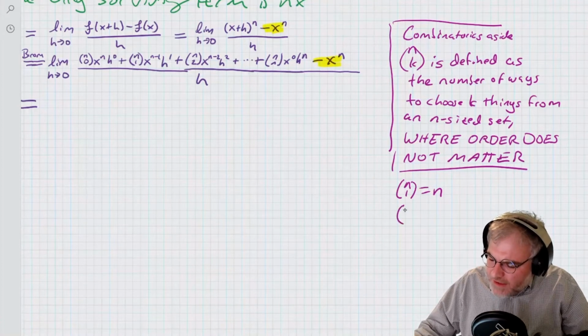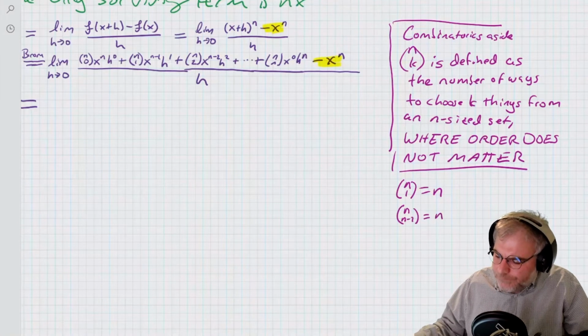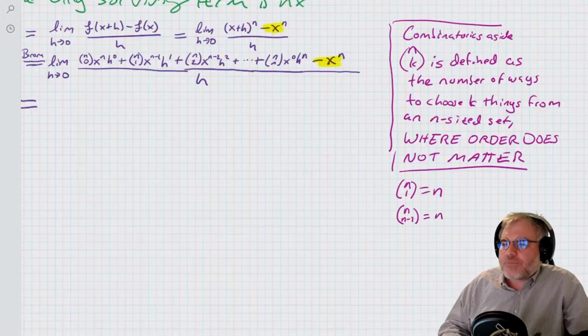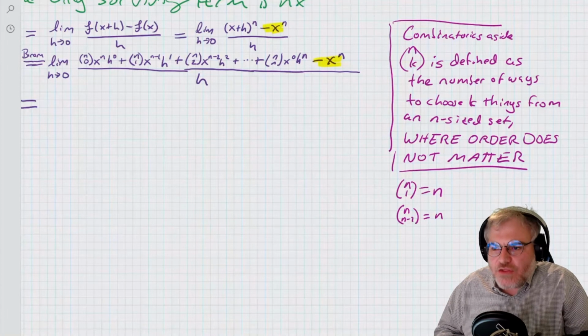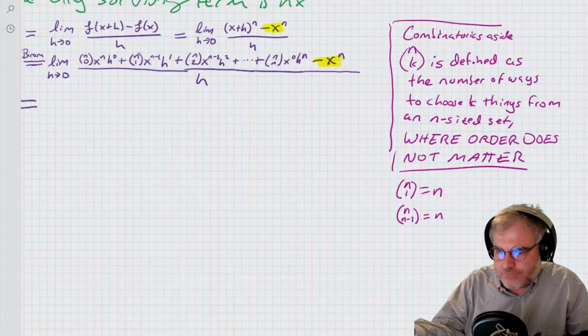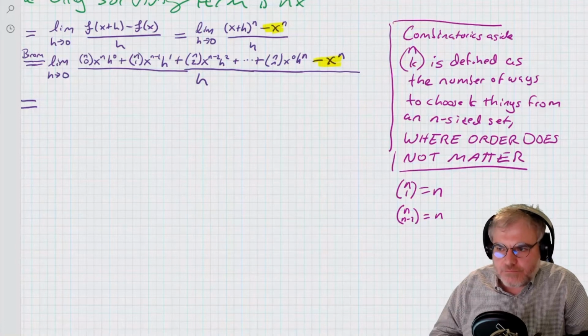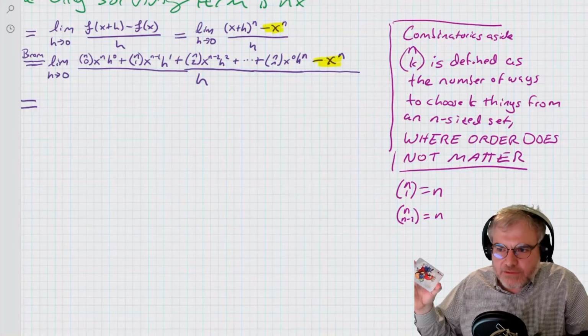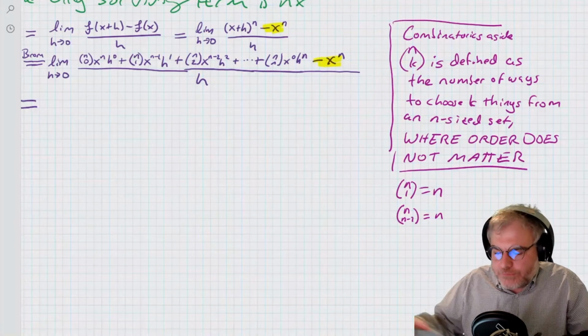So we have that n choose n minus 1 equals n. Now, how many ways are there for me to give you all the cards? There's only one, right? I give you all the cards.